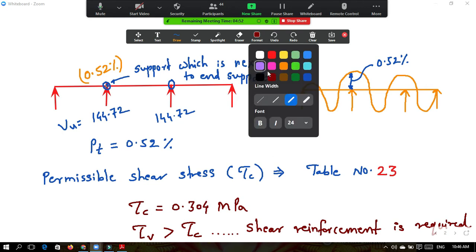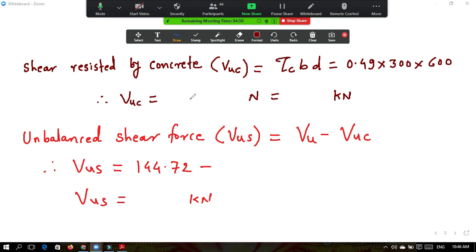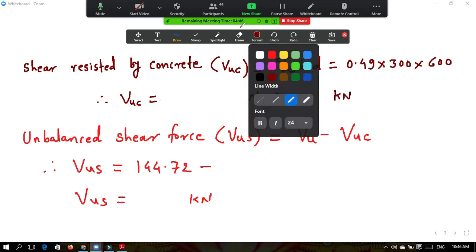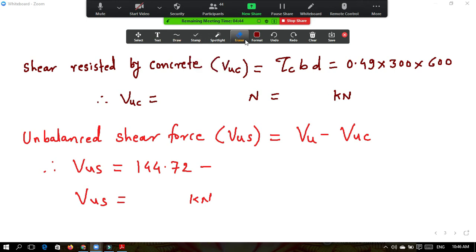Now based on this value, calculate the shear resisted by concrete. It is 61200. Is it right? 61.2 kilonewton. This is the right answer. Now let me know the unbalanced shear.